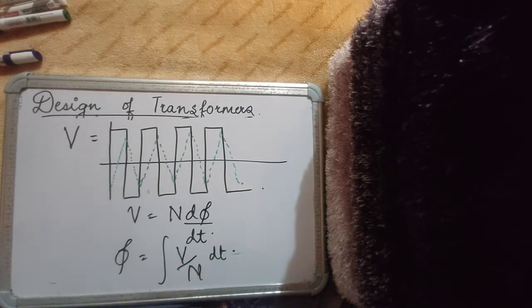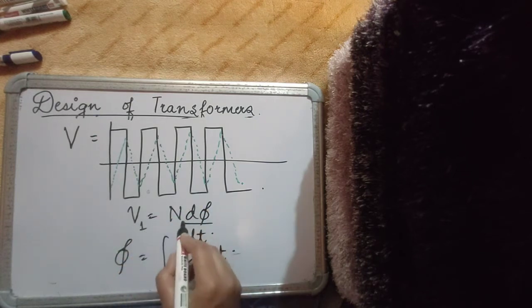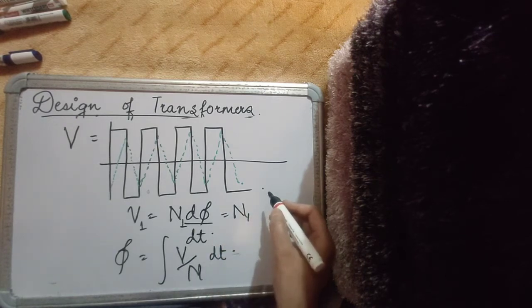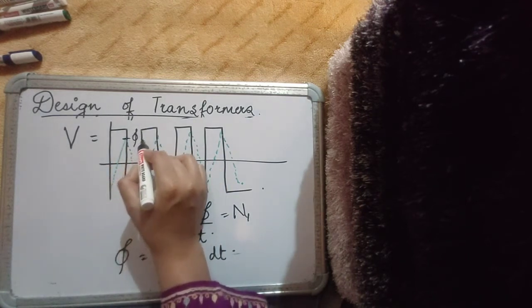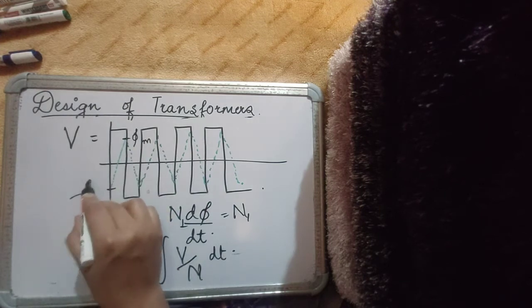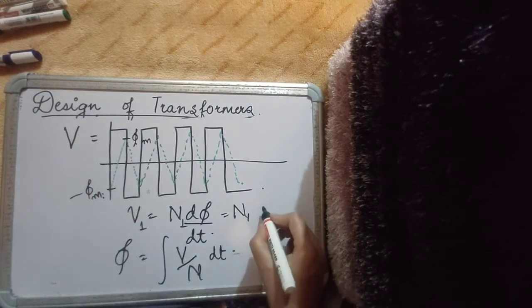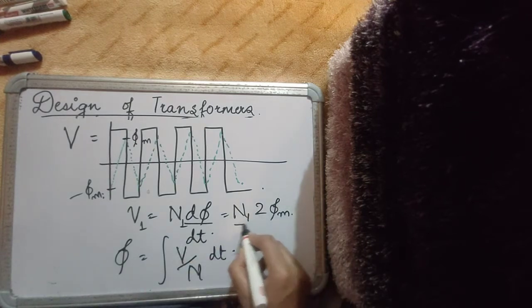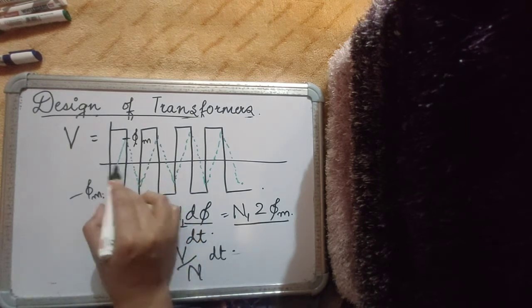Now if we try to solve for the voltage, let's say the primary voltage V1, it will be equal to N1, the number of turns in the primary, into the change in flux during a particular interval. So if the peak value of flux is, say, phi m, and the negative peak is minus phi m, the change is 2 times phi m in magnitude, and the time duration during which that change occurs is nothing but your total switching interval upon 2.